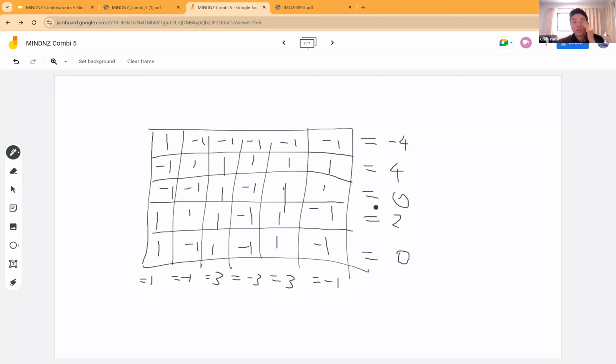Okay, right? So clearly right now we have some rows and some columns with a non-negative sum, but we have some with a negative sum like this, right? Like 0 is good, but anything less than 0 is bad.